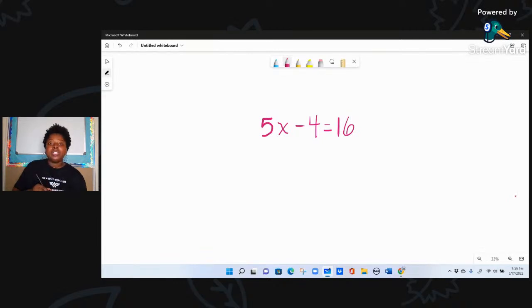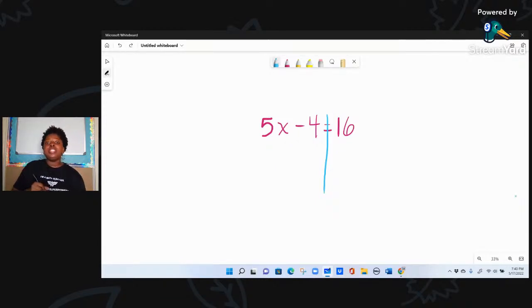Once again, you need to split your equation. We have the side that has x, and we have the other side. The biggest thing here is keeping both sides balanced. If I change something on the left, I need to change something on the right.